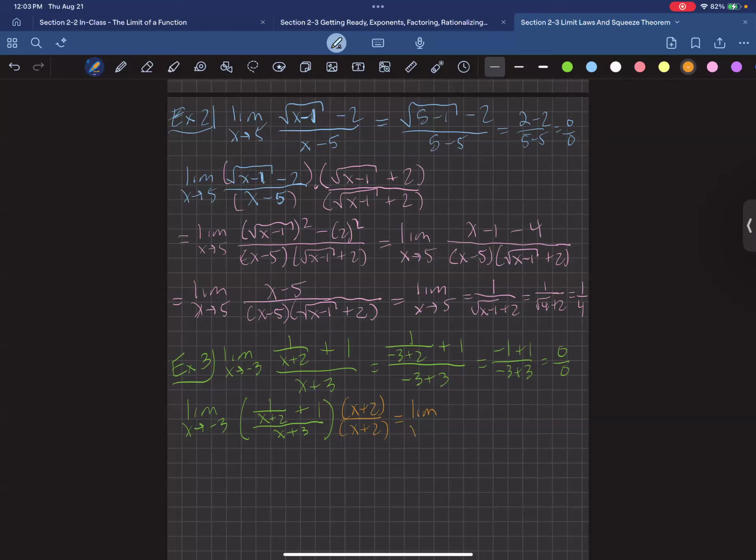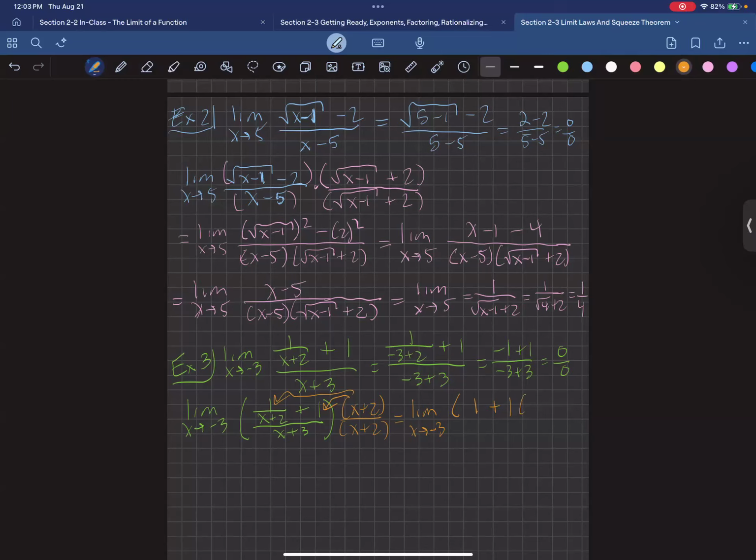So this is limit as x approaches negative 3. When I distribute it to this one, it just turns into a 1. And then when I distribute to this one, I get x plus 2 times 1.